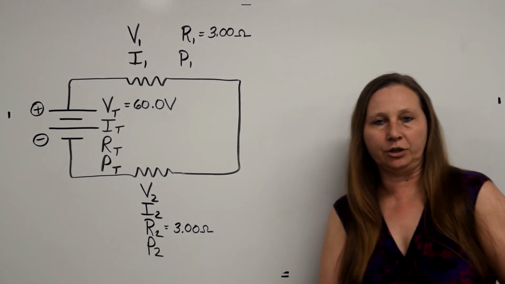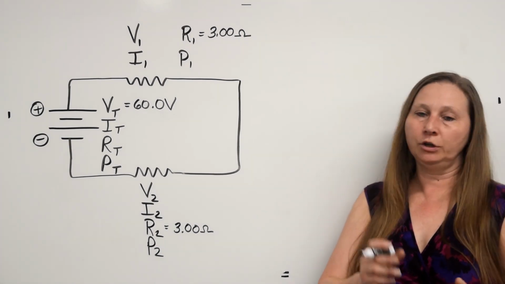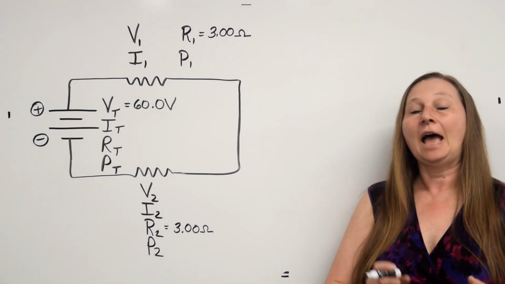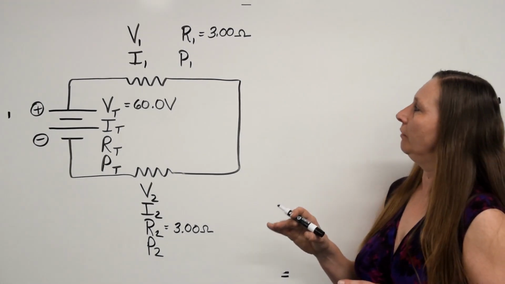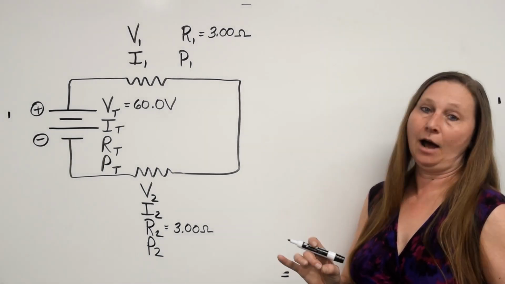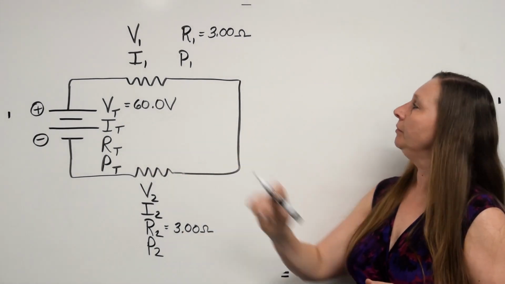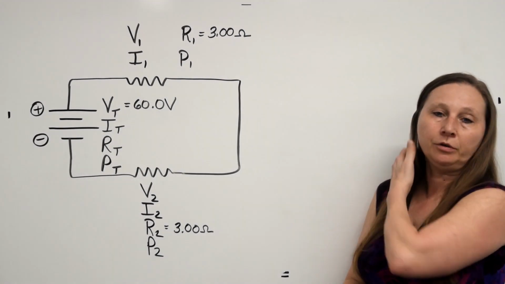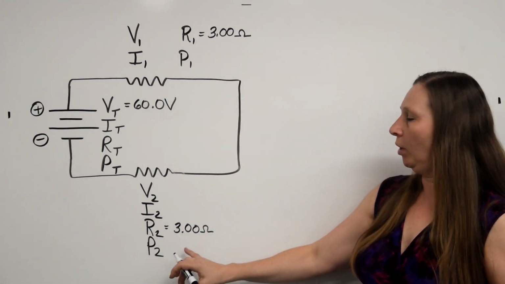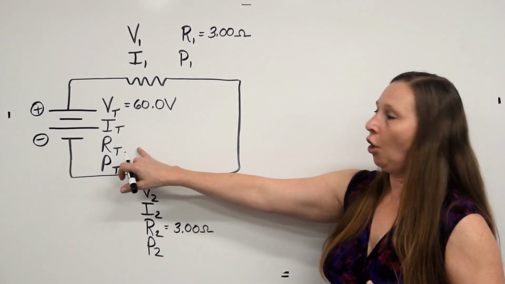Using those equations that we just looked at, the equations for total current, total voltage, total resistance, and Ohm's law, is there anything you can think of that we can do right now? We've got V total, we've got R1 and R2. I hope you're thinking that you can take R1 and R2, add them together, and get R total.